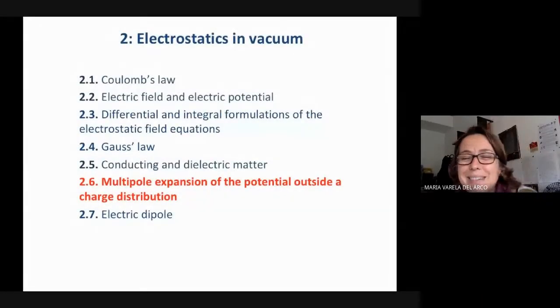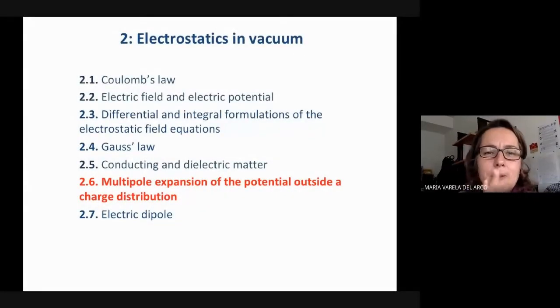What we are going to do next, and for this, let me share the presentation. The last trick that we are going to play is to come up with a method to calculate potentials in the particular case when we are calculating fields very far away from the distributions of charge that are generating the fields.